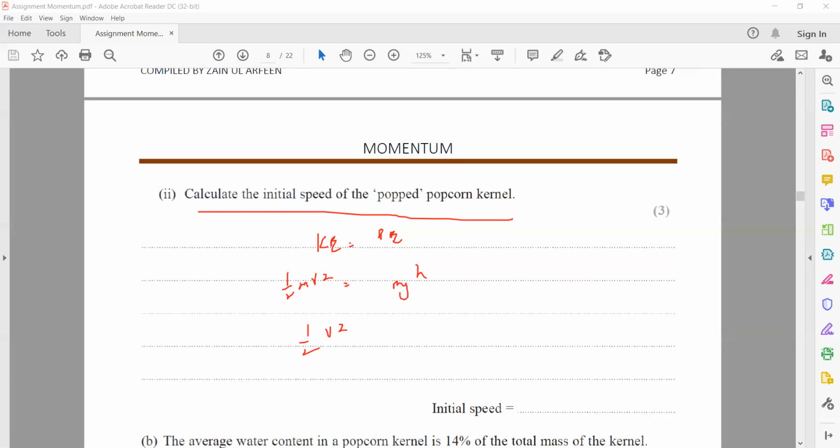So half v square is equal to gh. So we have height, we have gravity, so we can work out the speed at which it will move, because initially the kinetic energy changes to potential energy.